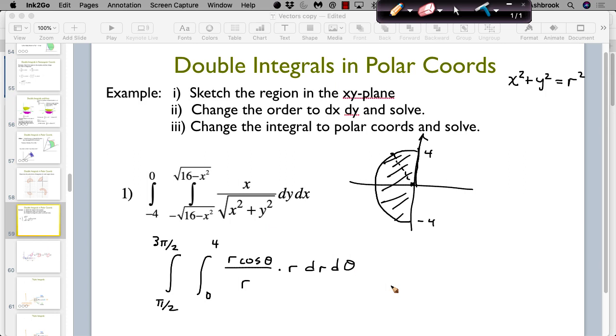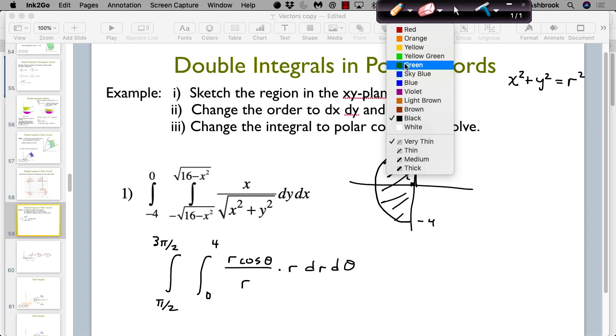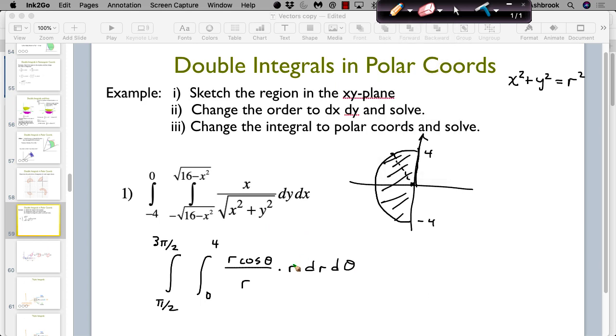So the r comes with the dr d theta, but then it latches on to the function, and what happens? In this particular problem that can become 1. So then we're integrating r cosine theta dr d theta from 0 to 4.